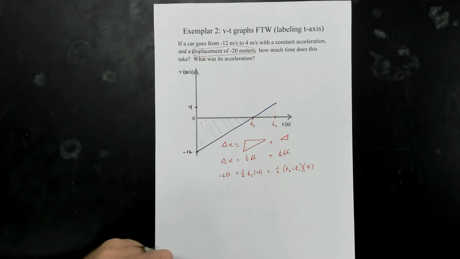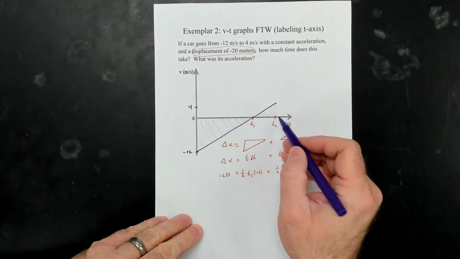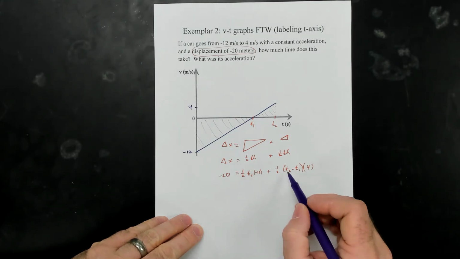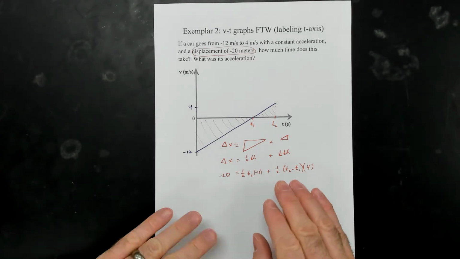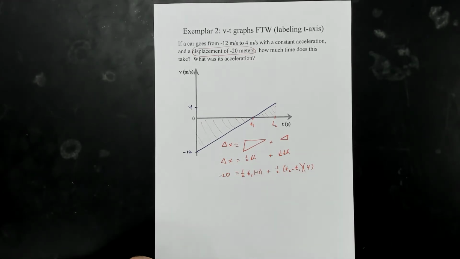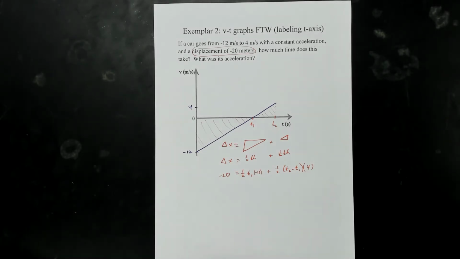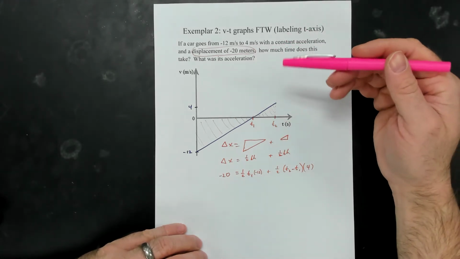Except because I had this crossing the axis there, I've got these two different times. I've got two variables, T1 and T2. And so I need another relationship between those variables to help me solve. You say, well, where am I going to get it from? Well, the other thing that we know about VT graphs is that the slope is the acceleration.